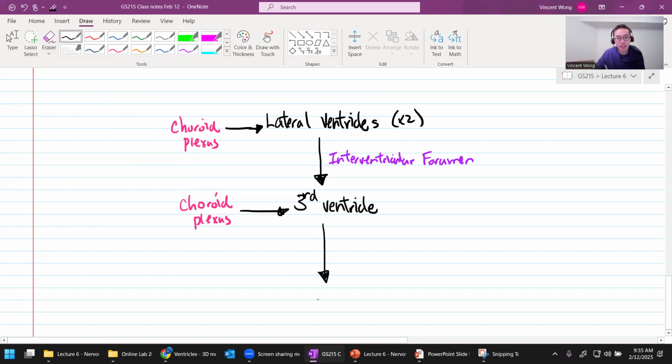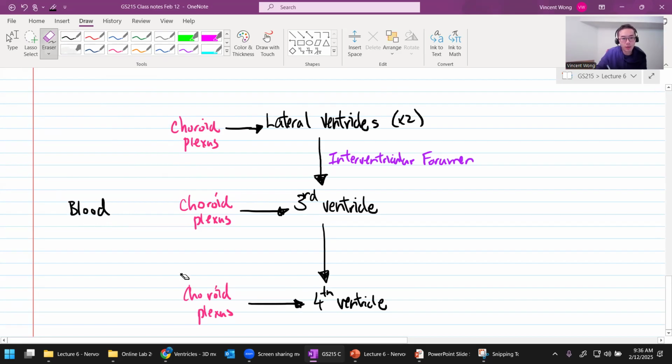Then from the third it's going to go to the fourth. And you know the drill now. The fourth also has its own choroid plexus, producing CSF and filling it up. Okay, so where does the choroid plexus get the CSF from? It's basically from the blood, right?